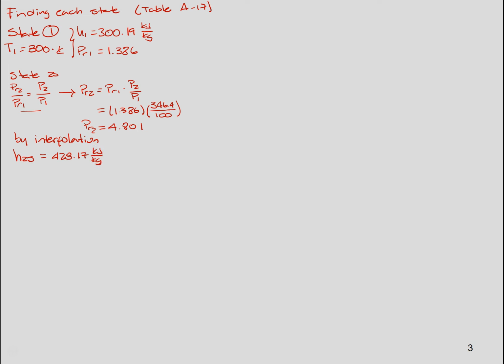Now, since we have an isentropic efficiency of the compressor, it can be defined as H2S minus H1 over H2A minus H1 equal to 0.8. By solving this, we can get H2A of 460.17 kilojoules per kilogram.